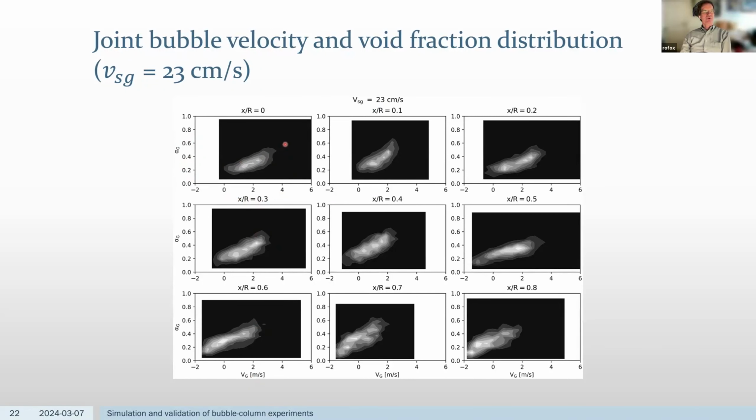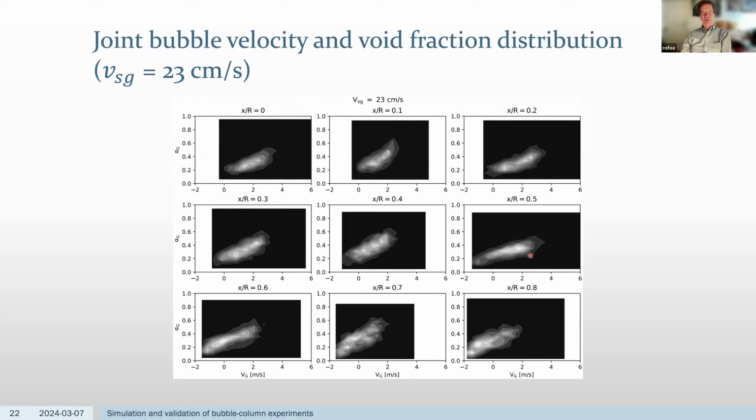We suspected, of course, that this should be the case. There's a strong correlation between the volume fraction, so regions where you have almost no bubbles have lower upward velocities than regions where you have lots of bubbles. And so you can see at the center line, and then if you go across, you have a very strong correlation, nearly linear, between the two variables, and a fairly wide spread.